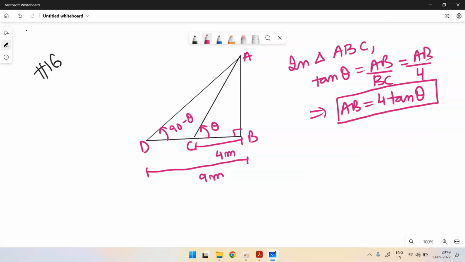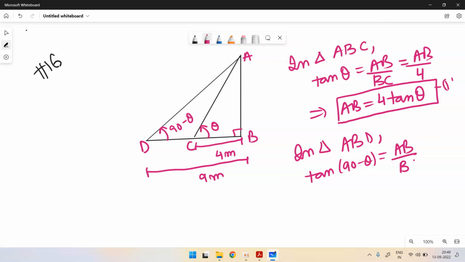Suppose this is my equation 1. Now, in triangle ABD, tan of 90 minus theta, which is cot theta, equals AB by BD, where BD is given to be 9. So AB equals 9 cot theta. This is equation 2.